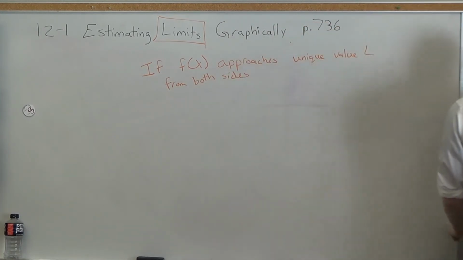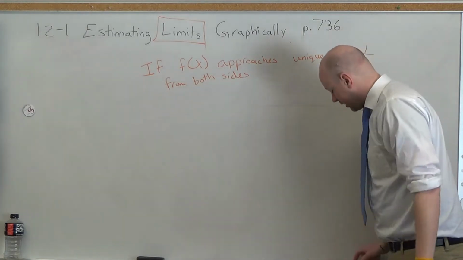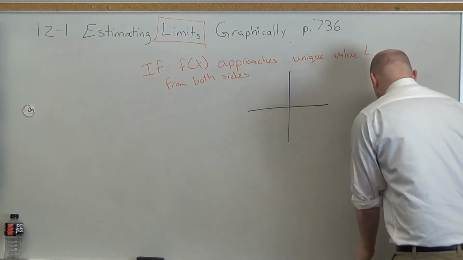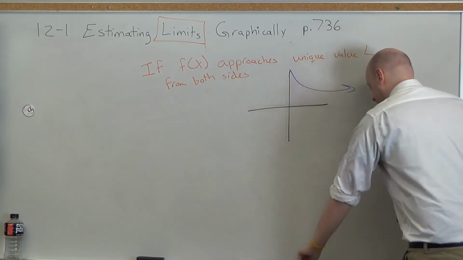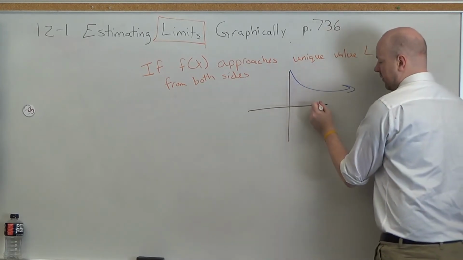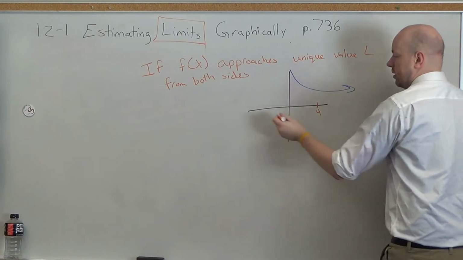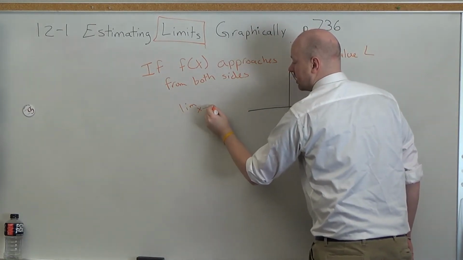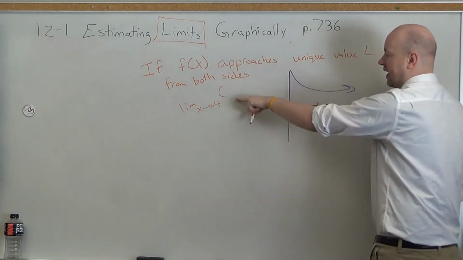So, I shouldn't have erased my graph. Oh well. I need to redraw a graph. If I have a graph, and I wanted to find the limit as x approaches 4, I would type in whatever my equation is right here.